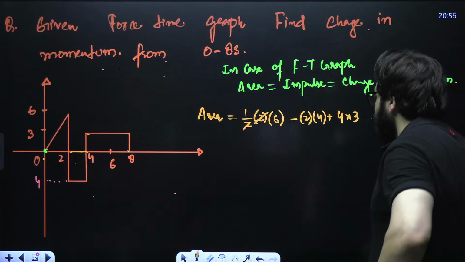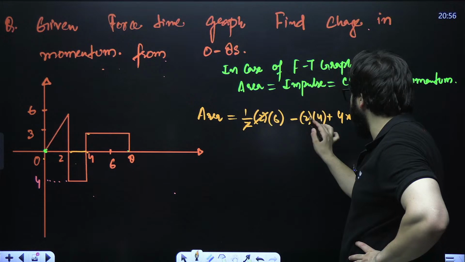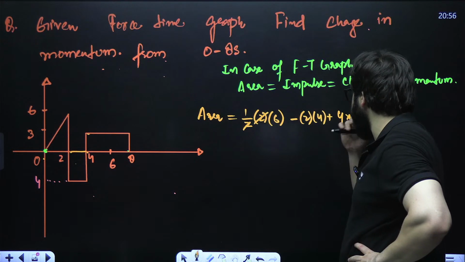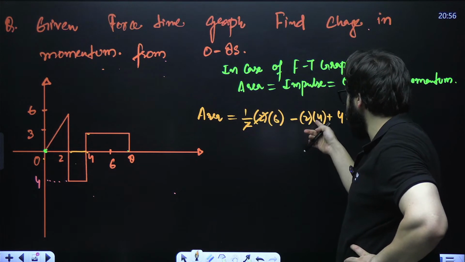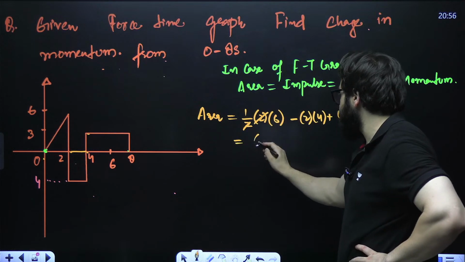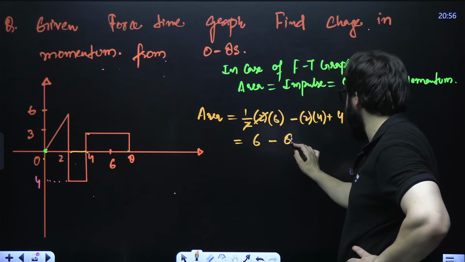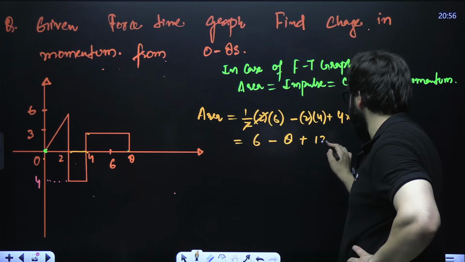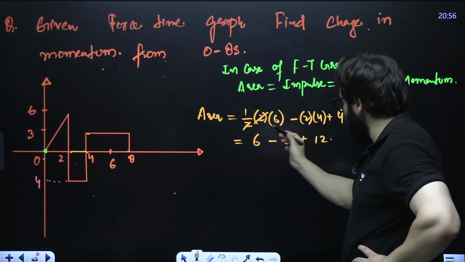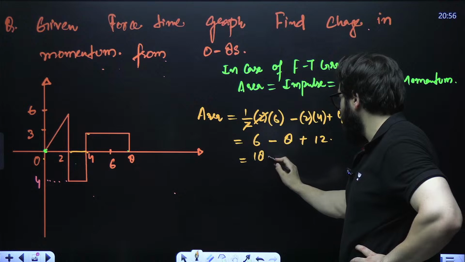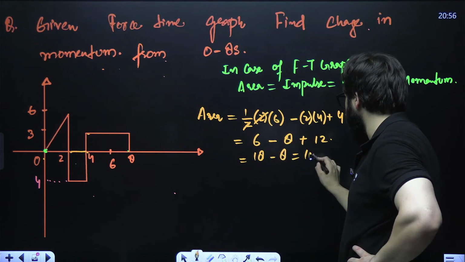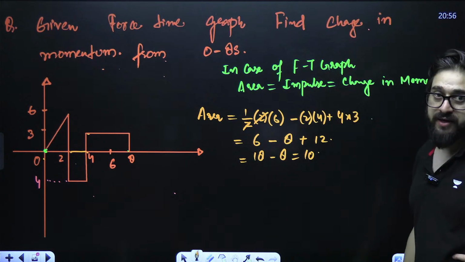So we say, guys, this is 6. 4 into 2 is 8. So how much it will be? This is 6 minus 4 into 2 is 8 plus 4 into 3 is 12. Now, 12 plus 6 is 18 minus 8 will come out to be 10. Answer in this particular case is 10.